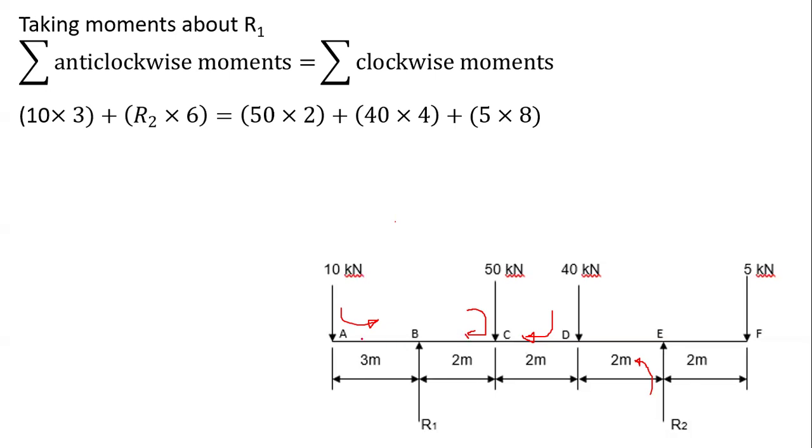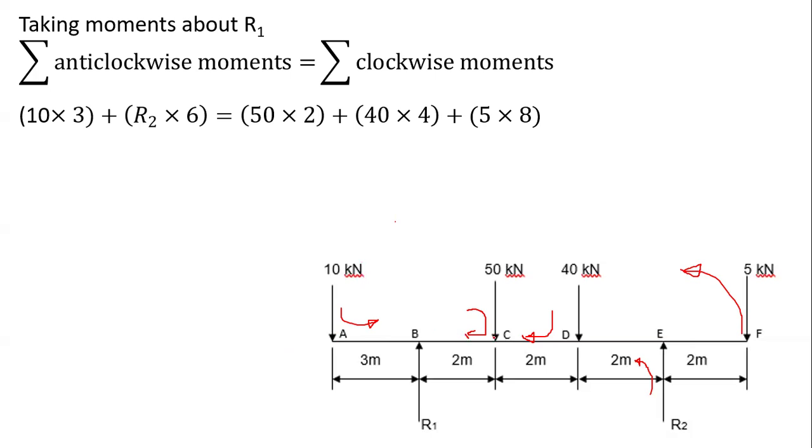What would be the direction of rotation of this beam being pinned at B when this force is acting down like that? You will notice that this beam will be forced to rotate like that because of this force. So this is your anti-clockwise direction.